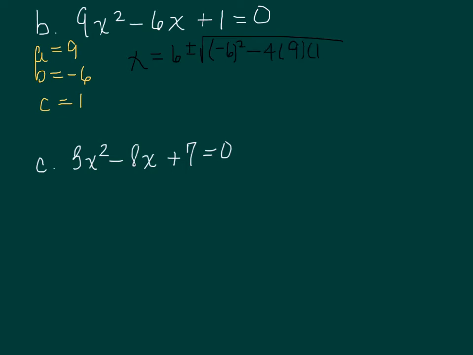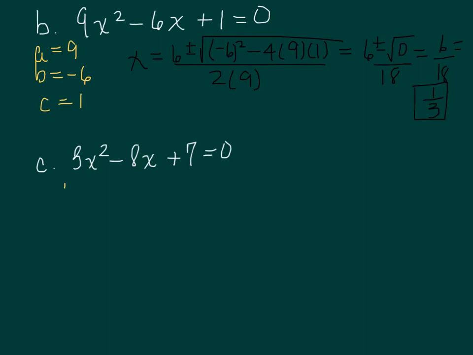Minus 4ac all over 2a. And then you simplify what's under the radical. You're going to get 36 minus 36, which is 0, over 18. Square root of 0 is 0. This is 6 over 18, which equals 1/3. So that's one real repeated solution.